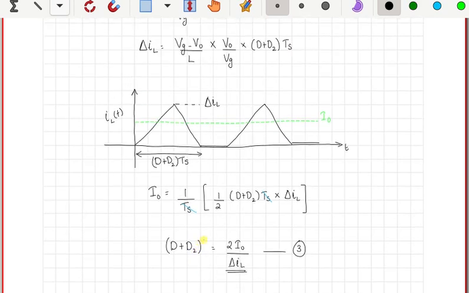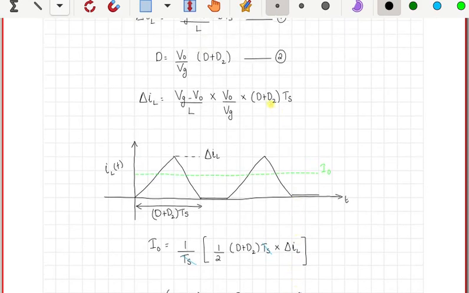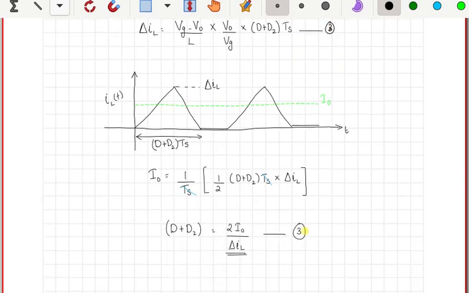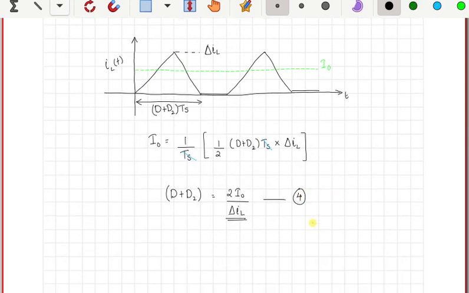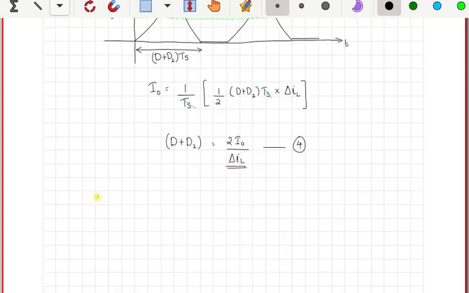So if I put the expression d plus d2 from 3 into this equation, let me call this equation 3, and this one equation 4. So if I substitute for d plus d2 from 3 into 4, what does that give me?